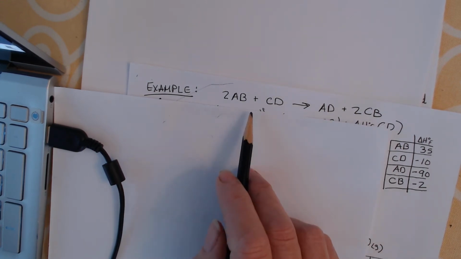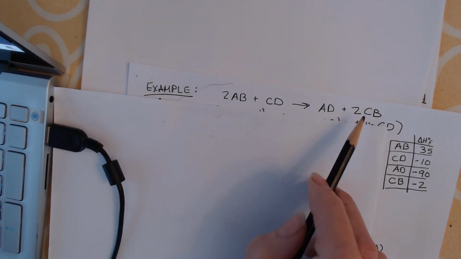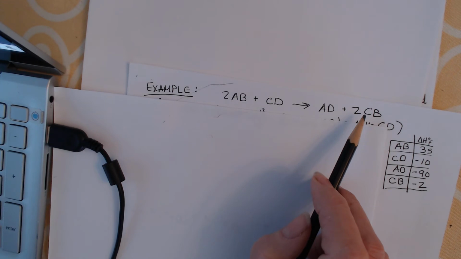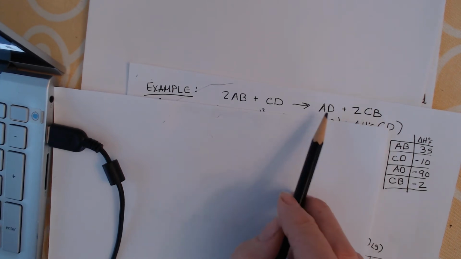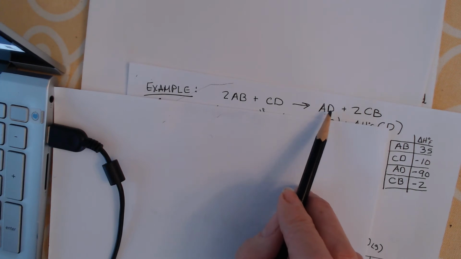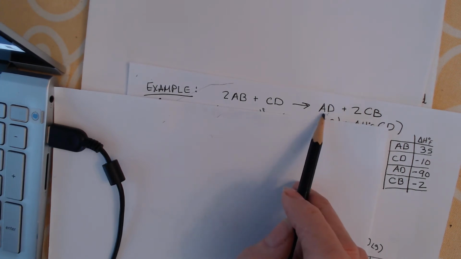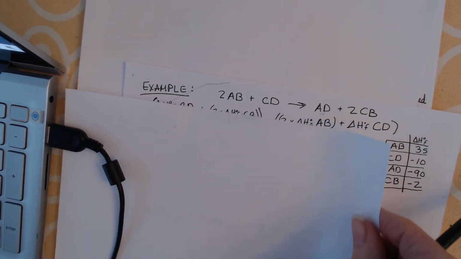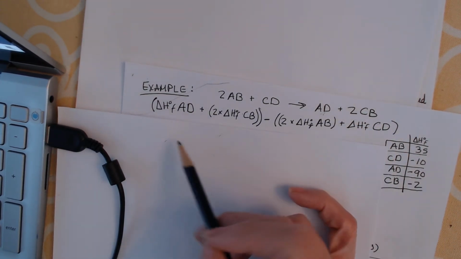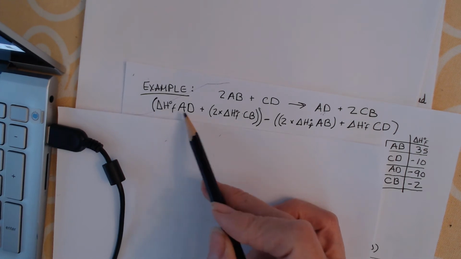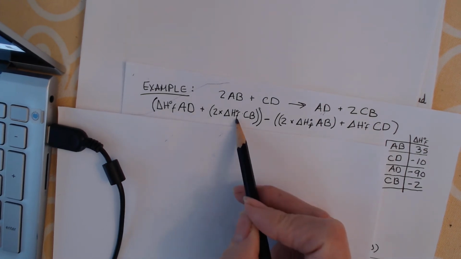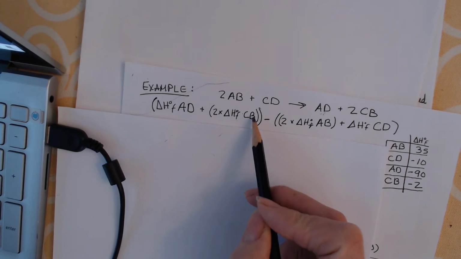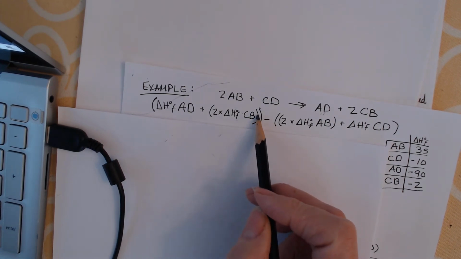All right. So when we start to think about how do we write our computation, we remember that the first thing in my computation is going to be my products. So I've got to start off with AD or CB being the first part of my equation. So there it is, standard heat of formation of AD and standard heat of formation of CB. So here are my products.